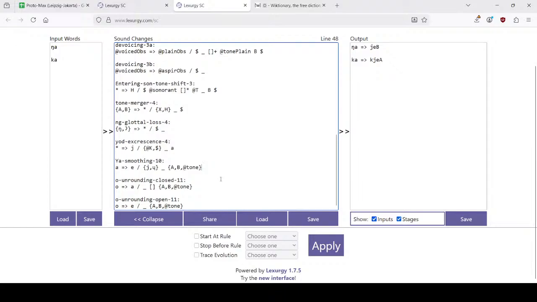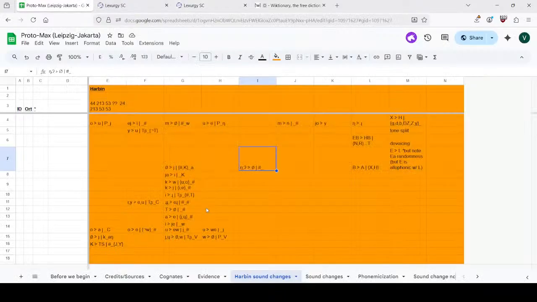Does that break anything? Or the smoothing rule has to happen way early. Where is it? This rule. The smoothing rule has to happen way early. Does this break stuff?